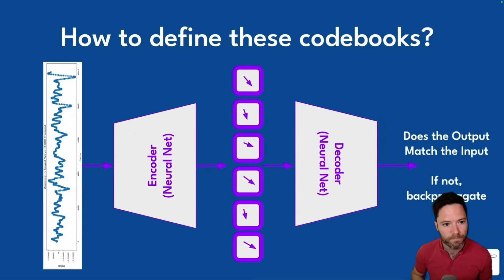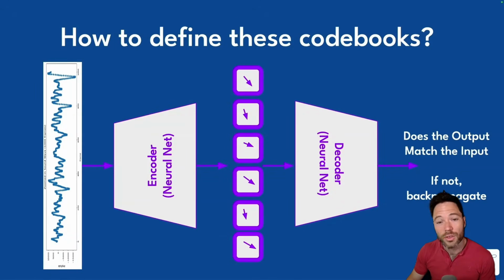But it is possible to take sound and represent it in a discrete way, much like text represents meaning in a discrete way. The way that these codebooks are trained, I won't get into too much detail, but broadly speaking, you need to train an encoder-decoder, where you take a sound wave. You then have some kind of transformer that converts it into tokens, and then you have another transformer that will decode it back into a wave. And the question you ask during training is whether the output here, after encoding it to tokens and decoding it back, matches the input.